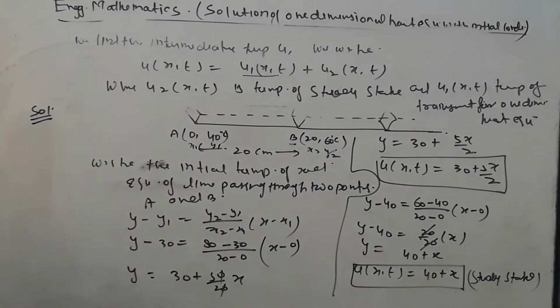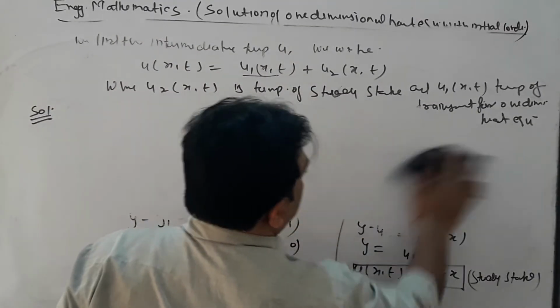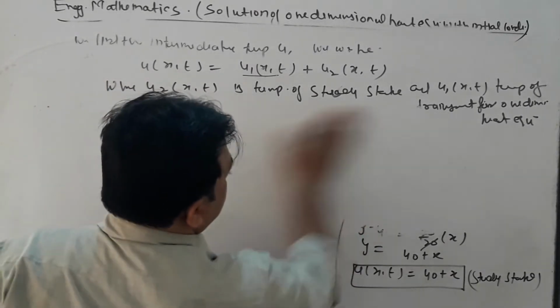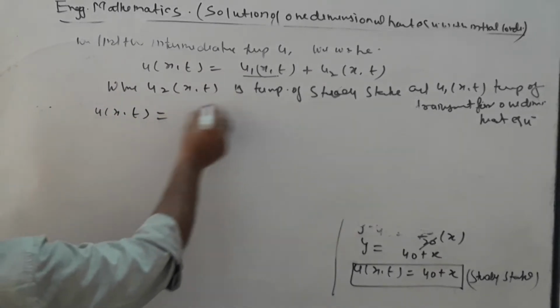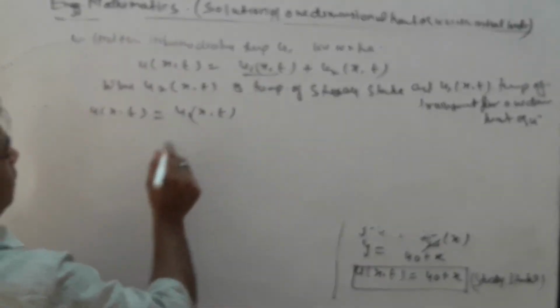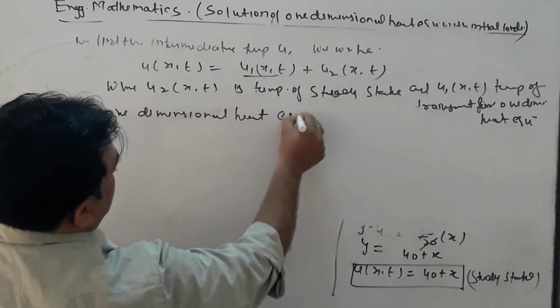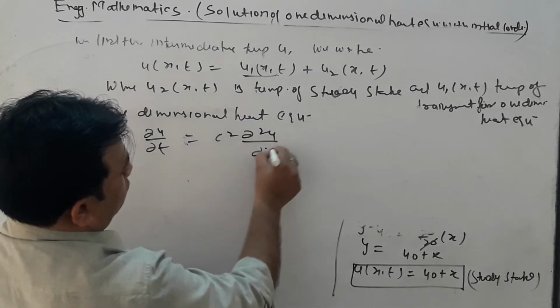So we write the one dimensional heat equation: del u over del t equal to c square del 2u over del x2.